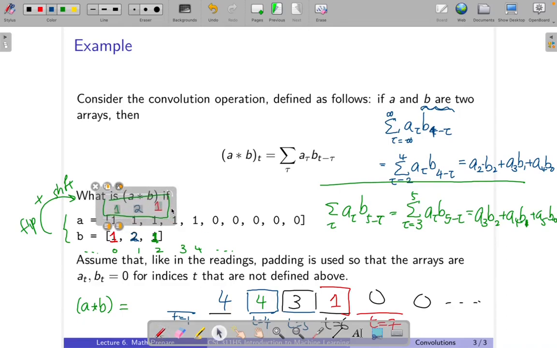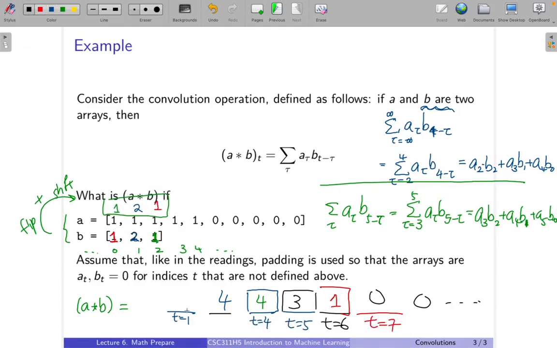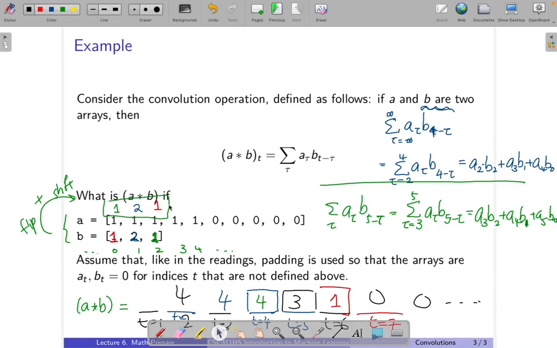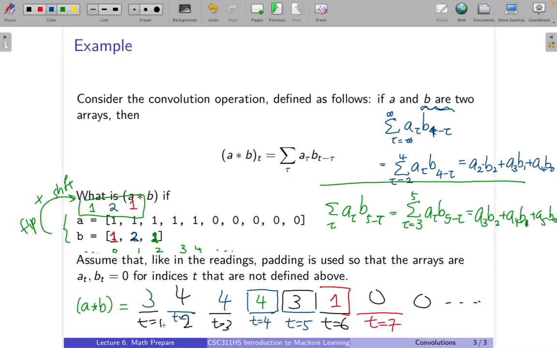We're still going to get the number 4. T equals 1. This gets a little bit interesting. So now we've shifted so that we don't have a value of A here anymore. So we need to multiply this 1 by 0. So we get the value 3.